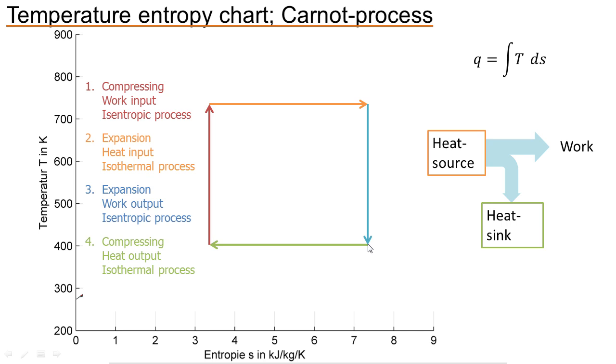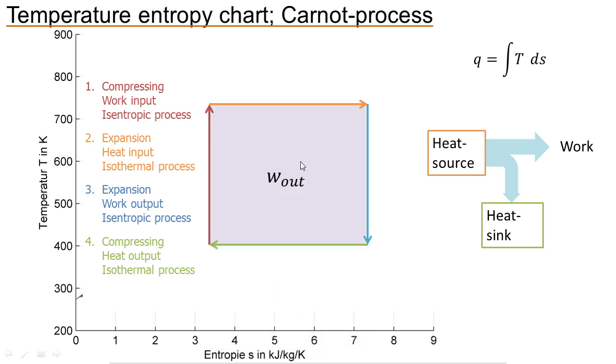At the end you need to compress it, and by compressing the gas there will be a heat output out of this, and this will be happening at a constant temperature. It's the same as here, but the other way around, and you get heat energy out of this.